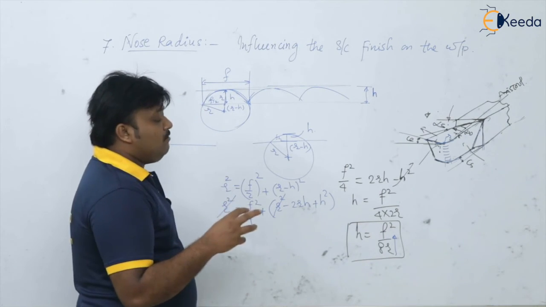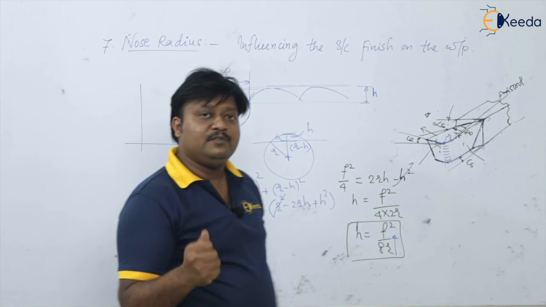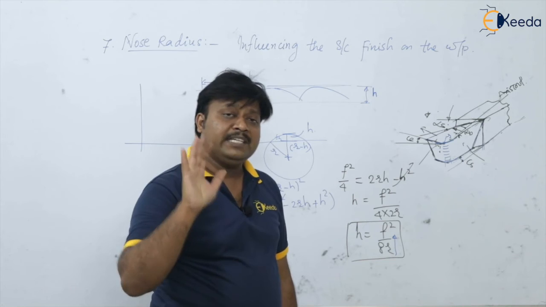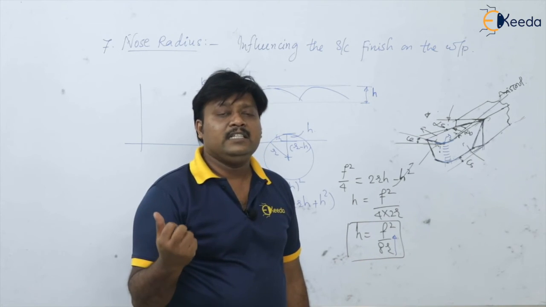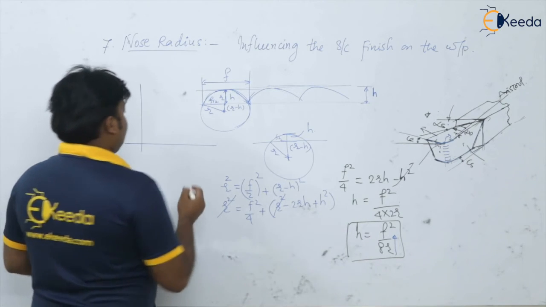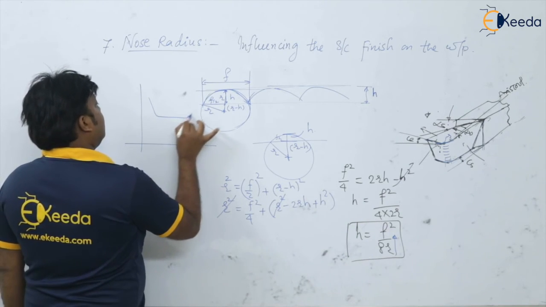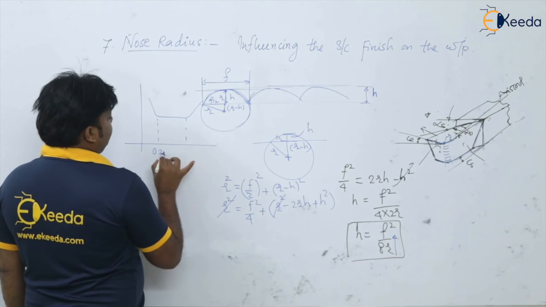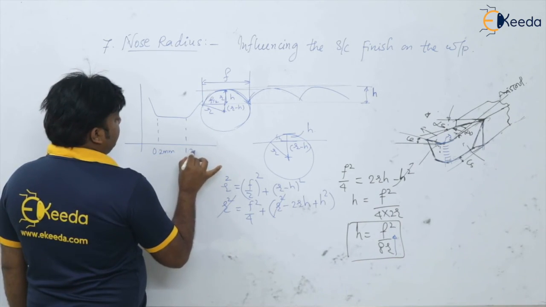So to have the surface finish within limit, when we want very good surface finish, we have to keep this nose radius in the optimum range, which is from 0.2 millimeter to 1.2 millimeter.